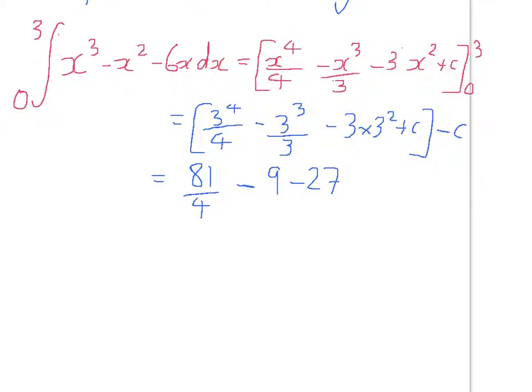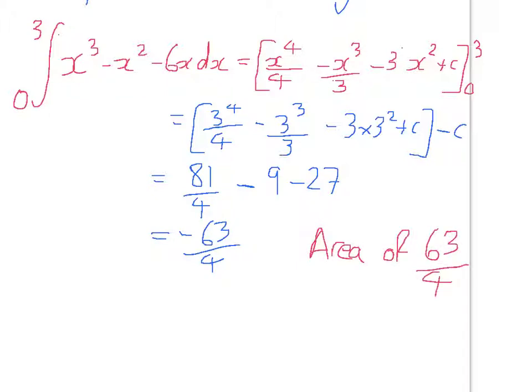So that finally simplifies to, and that, figure it out on a calculator, comes out as minus 63 over 4. So remember, that's the area above the curve, so that basically means that the bit between 3 and 0 is an area of 63 over 4.